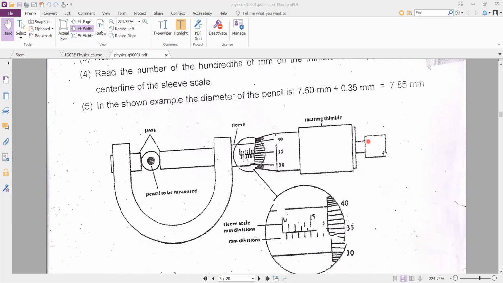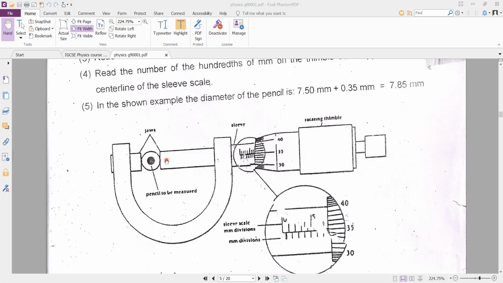How do we control it? By the rotation thumb. Yes, this is the rotation. Rotate anti-clockwise. After that, it closes, but we need to close it, not squeeze it. Not too much, just a little closing.